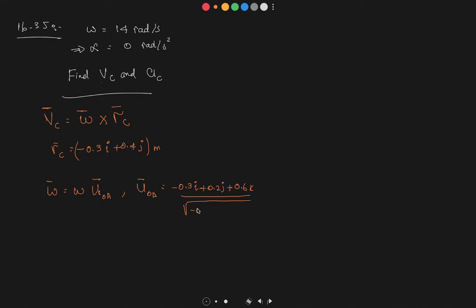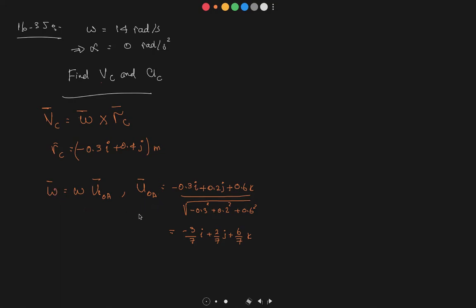So this is minus 0.3 squared plus 0.2 squared plus 0.6 squared. So this should give us minus 3 over 7 in the i direction plus 2 over 7 in the j direction plus 6 over 7 in the k direction. But this is only unit vector OA, right?